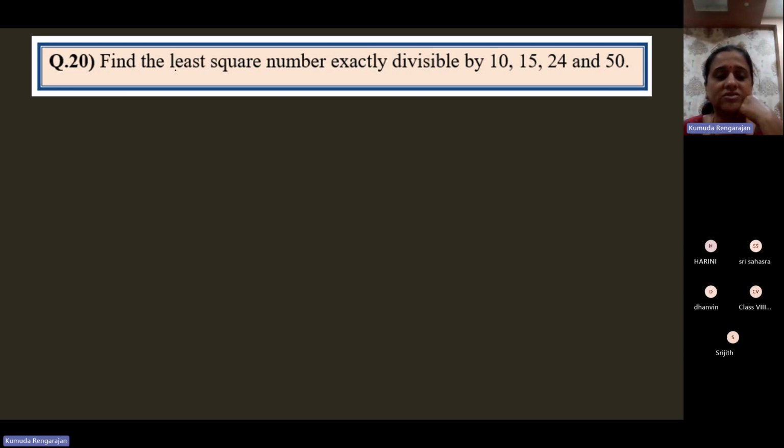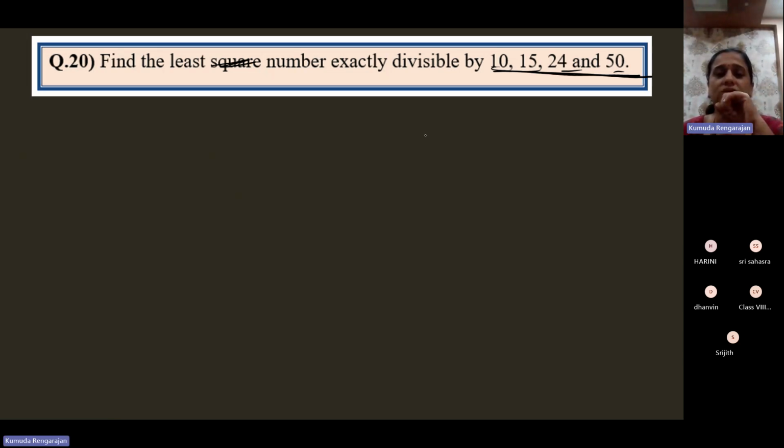Find the smallest square number. So we'll first find the smallest number exactly divisible by these four numbers, which will be the LCM of these numbers. Then we'll convert that number to a square number.